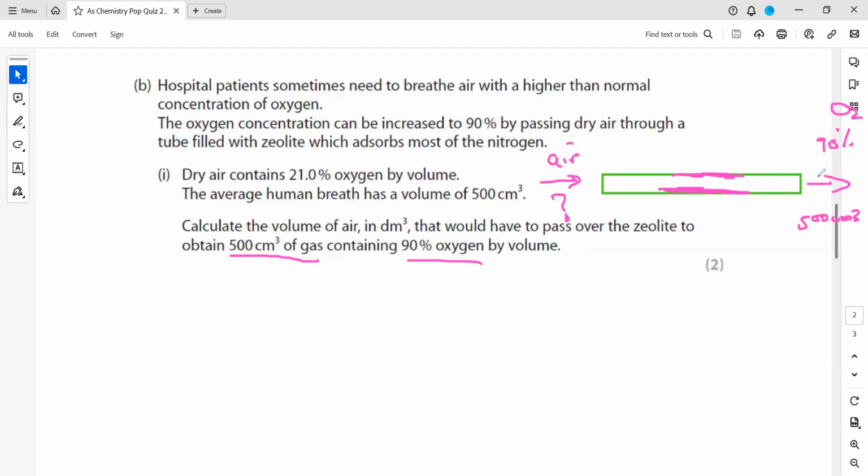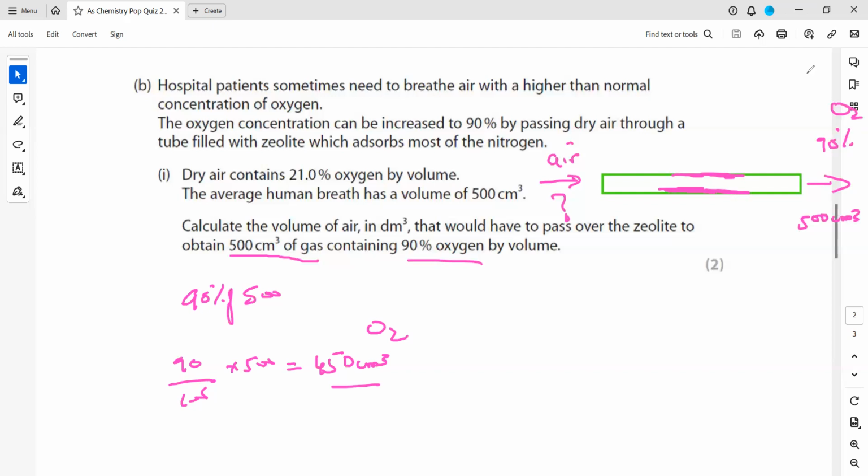So first we find how much oxygen should be there. 90% of 500 is oxygen. How do we work that out? It will be 90 divided by 100 times 500, so it will be 450 cm3. That means 450 cm3 of oxygen is there.